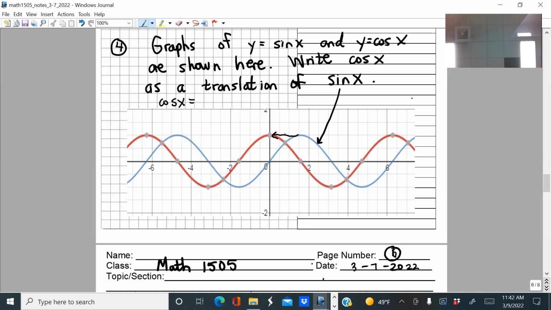What's the length of this arrow? Now, be careful to write that down right. We know that cosine is a shift of sine, and we're going to add a constant to x, but that is not the correct way of writing it. If I put sine of x plus c, of course, I have to figure out what the right amount for c is, correct?